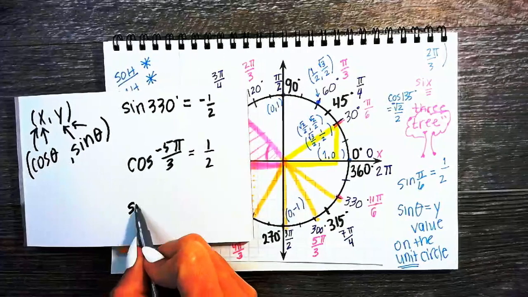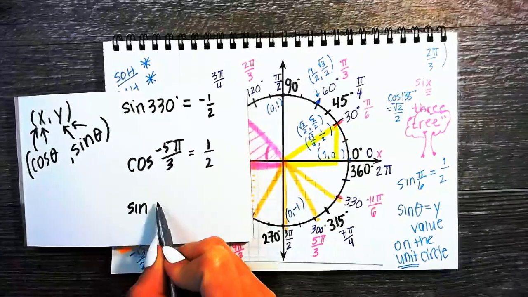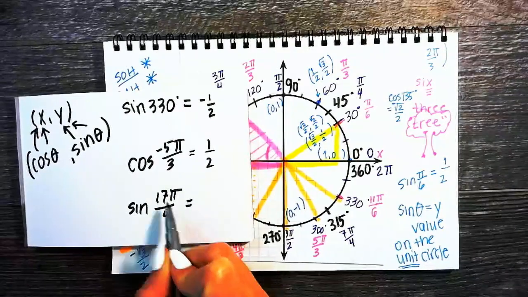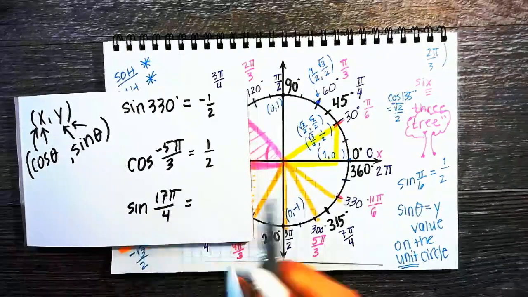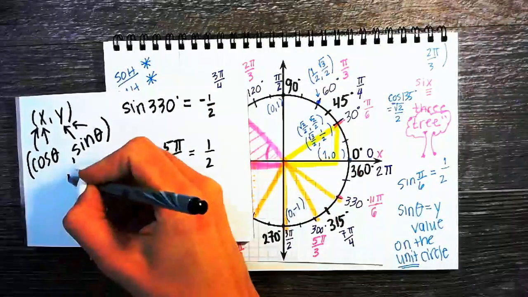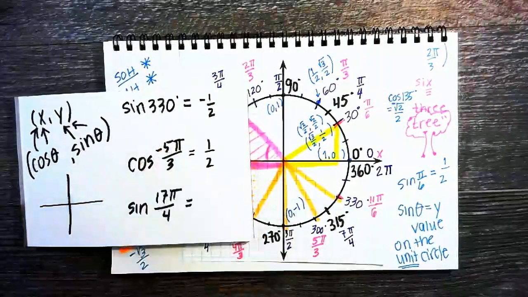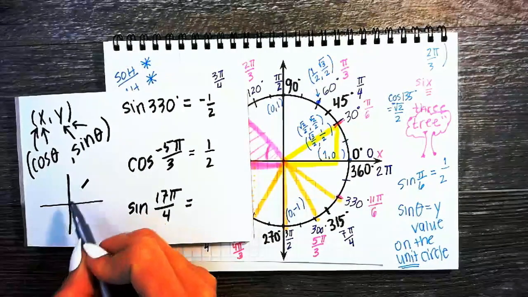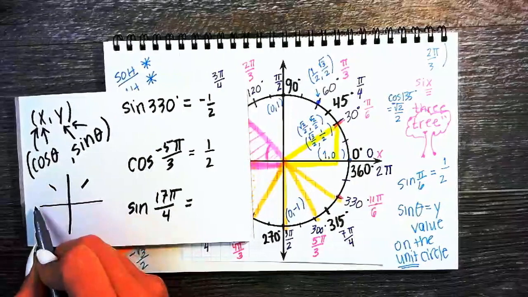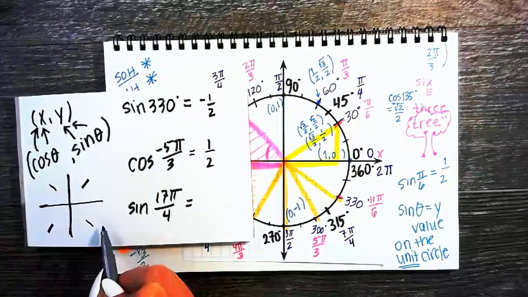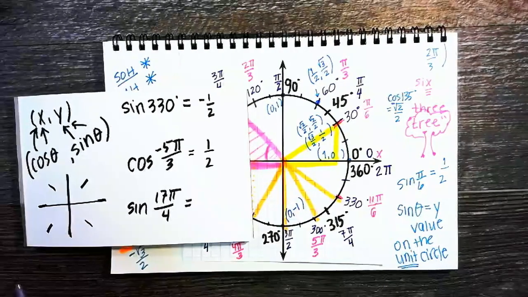How about the sine of 17 pi over 4? That's not on the unit circle. That means you have to go around more than just one full revolution. If you didn't have the circle in front of you, 4 is the middle one. 1 pi over 4, 2, 3, 4 pi over 4, 5 pi over 4, 6 pi over 4, 7 pi over 4, 8 pi over 4.